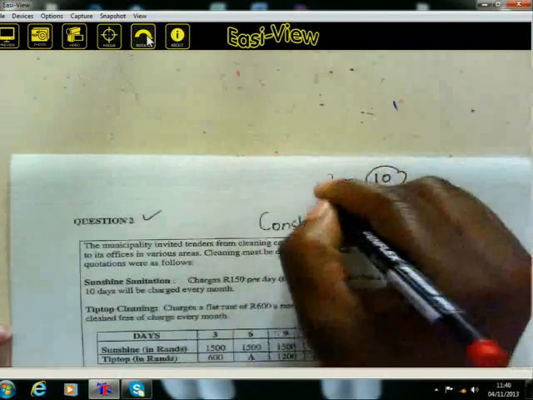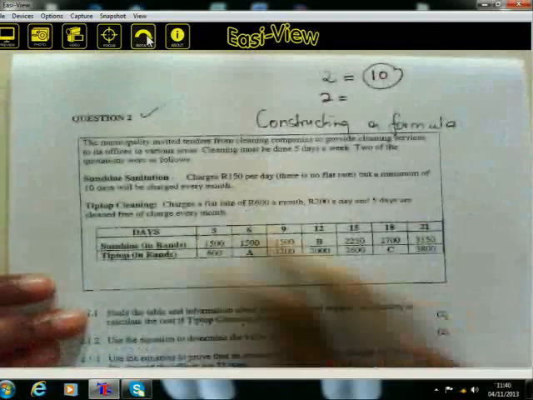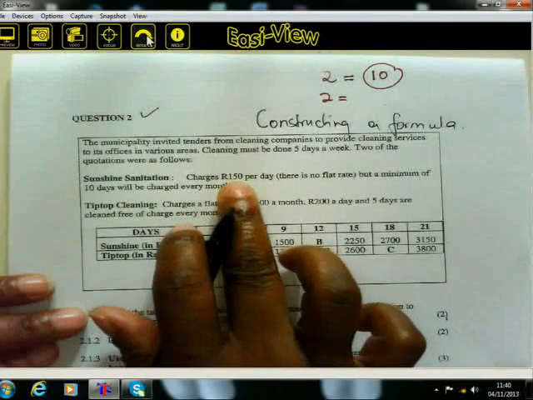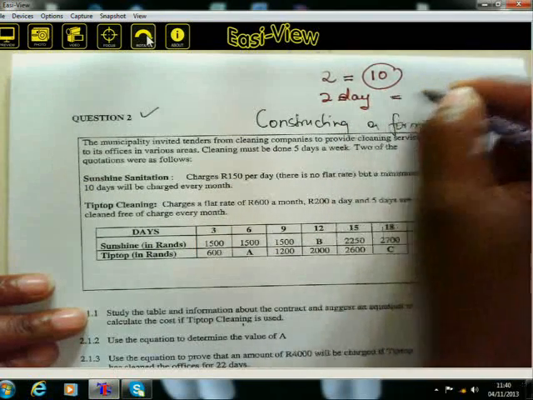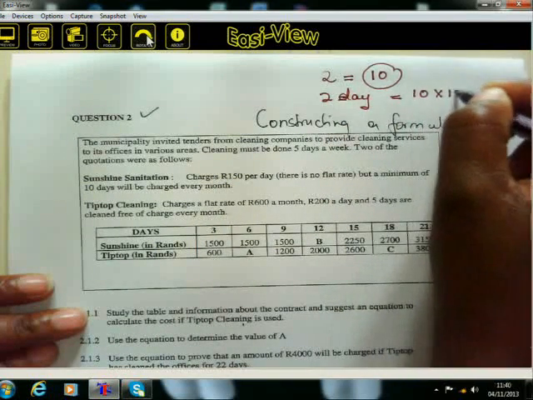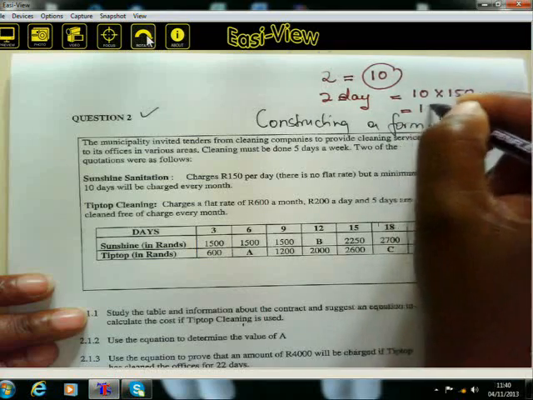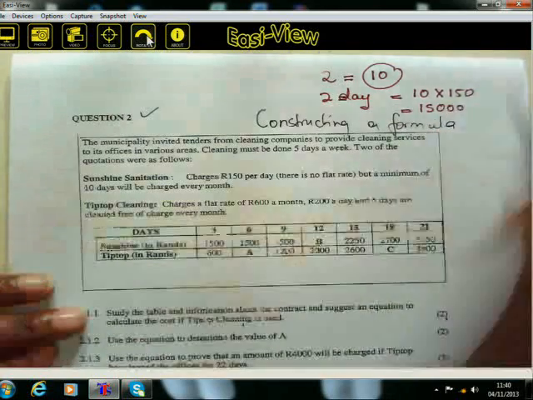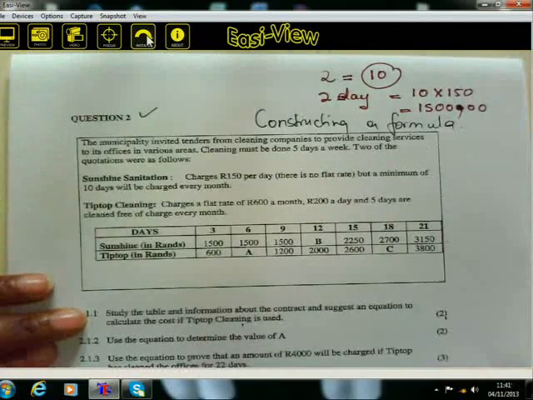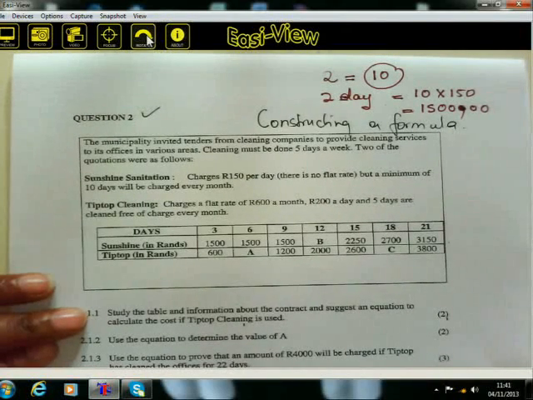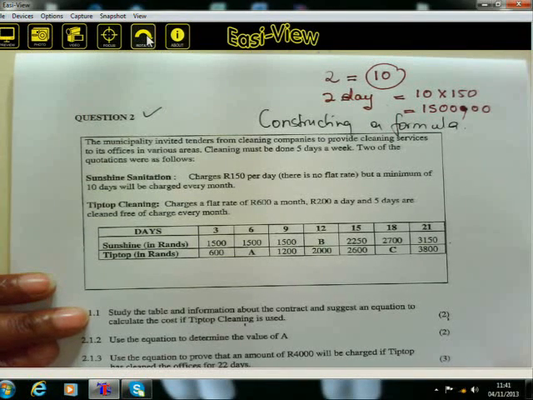At 150 per day, for 2 days they will be charged 10 multiplied by 150, which is 1,500. So please make sure that you understand the statement. Even if maybe they work for 6 days, they will still be charged 1,500. That is what the statement is telling us.